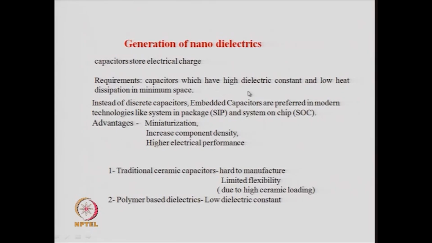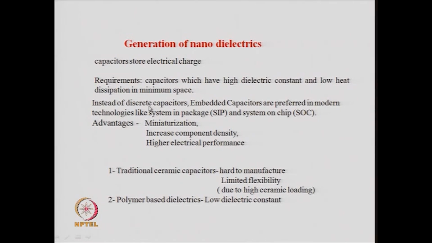So, capacitors which have high dielectric constant and low heat dissipation, and can be accommodated in a minimum space would be the materials of choice. So, you want to make or generate nano dielectrics which have such properties.